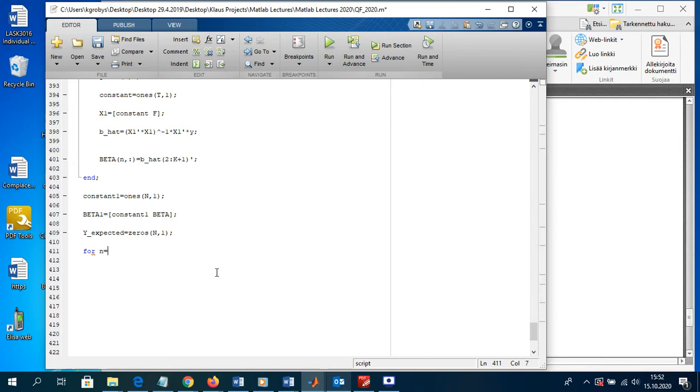For n running from 1 until capital N, do what? y expected n should be the mean, the sample average, of what?